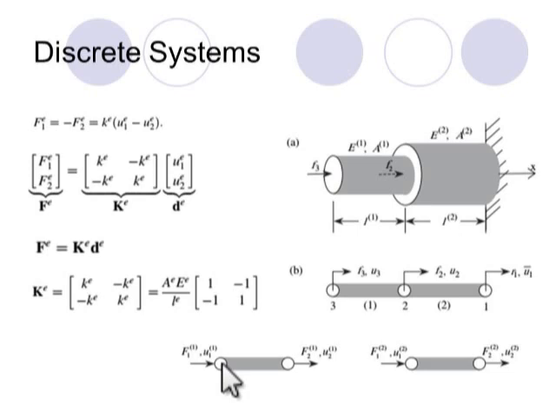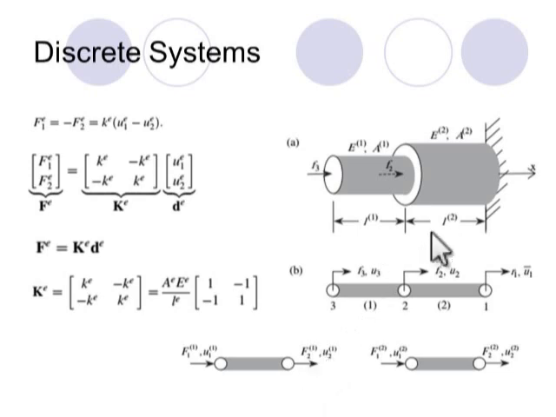The one on the left hand side is node 1 in an element-wise manner, but this is node 3 in the global system. So this is the first node of element 1, and this is the second node of element 1, and in the global system this is node 2.